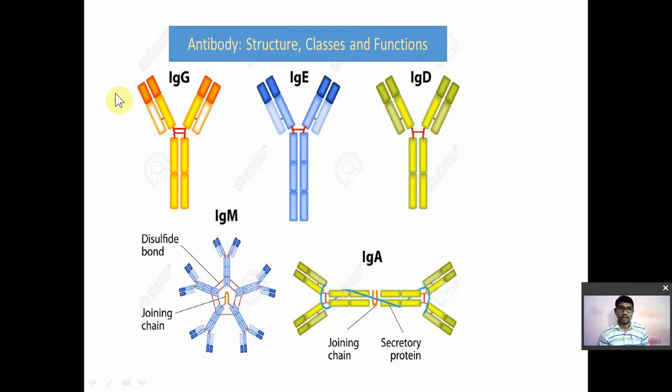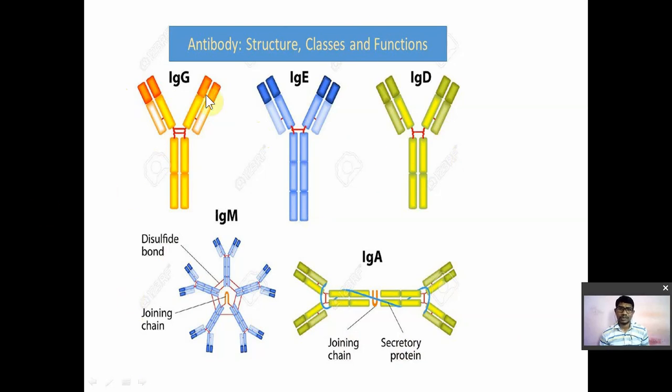They are globular proteins known as immunoglobulins. There are different kinds of immunoglobulins like immunoglobulin G, E, D, M and A. These are known as the different kinds of antibodies.